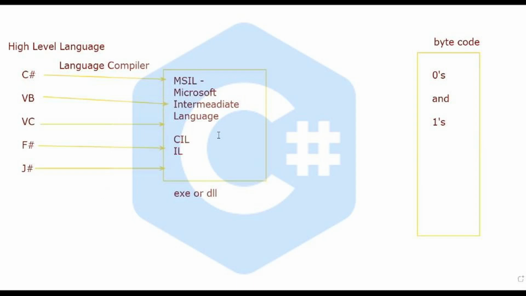It will generate an intermediate language, middle level: not high level, not low level, but middle level language. Now we have to convert this language to byte code, bits in the form of zeros and ones. For this, we use the CLR, Common Language Runtime, which also uses a compiler called JIT, the just in time compiler.